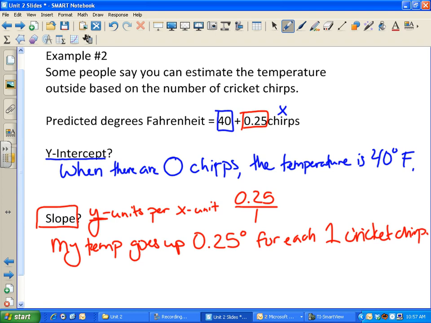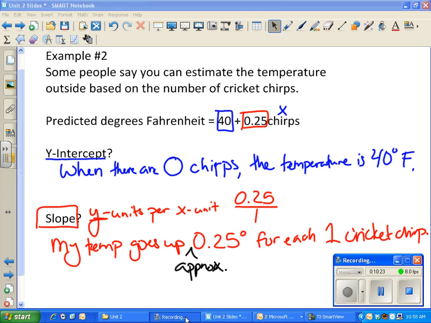And by the way, the number of cricket chirps, I'm sure, is in some set time period. I apologize for not getting that information up there. Now, the last thing I need is some, of course, weasel word, like approximately 0.25 degrees for each cricket chirp. Make sure you acknowledge this situation is not perfect. My equation is not a perfect representation of the real data.